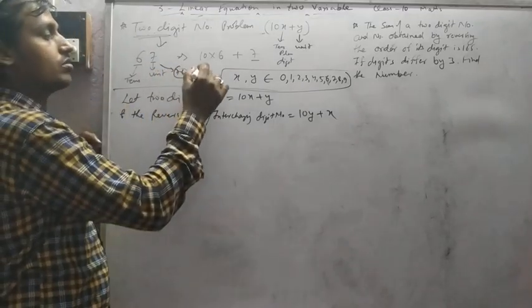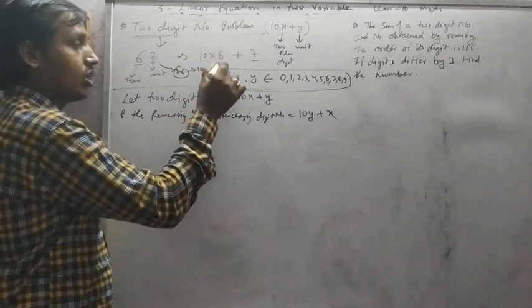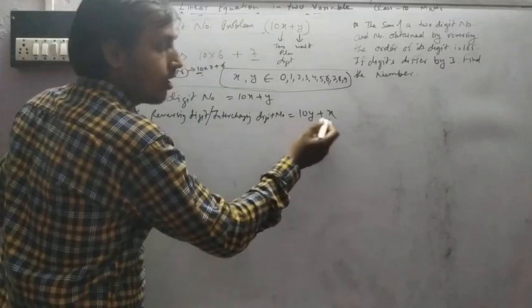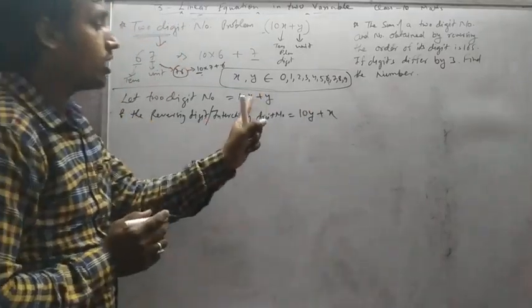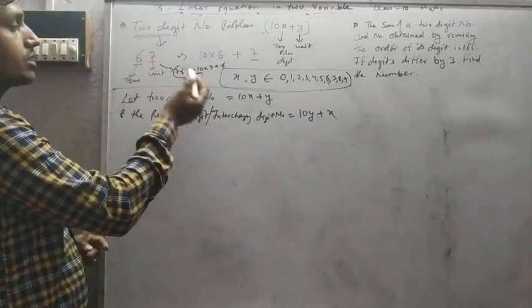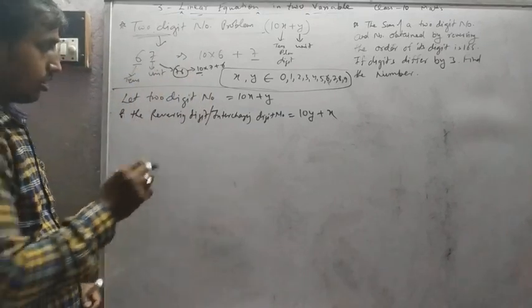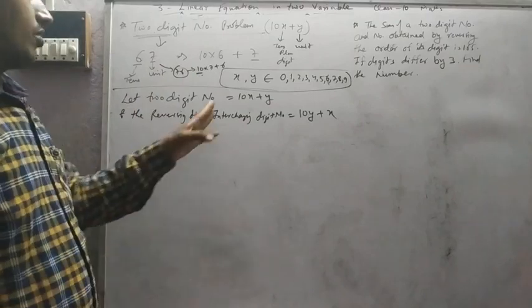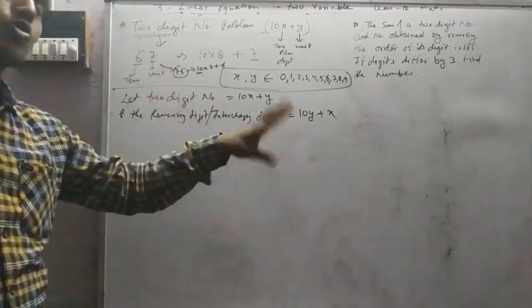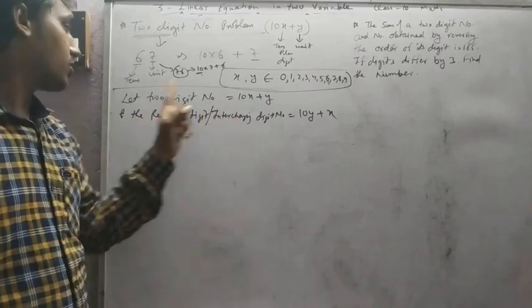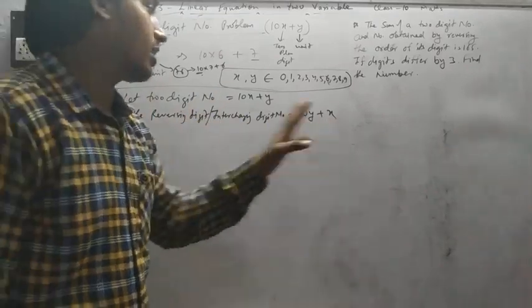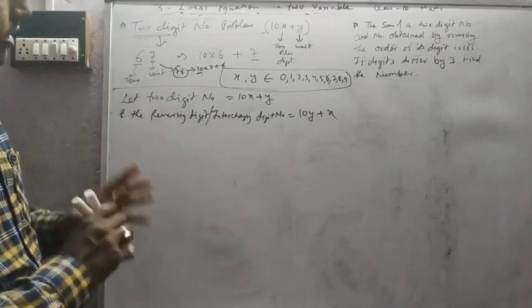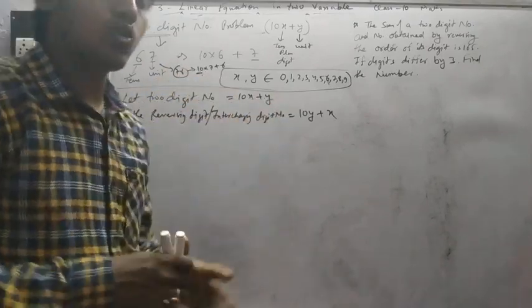So 10 into 7 plus 6. 10 means that's the tens place. So here the tens place is y, the ones place is x. So only the digits change. 67 changed to 76. So these two lines are for all types of 2-digit number problems. 10x plus y is the 2-digit number and 10y plus x is the interchanged or reversed number. Then by using these you can solve the problems.